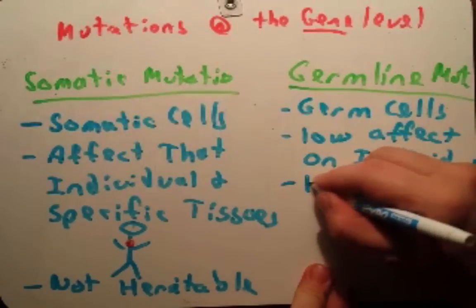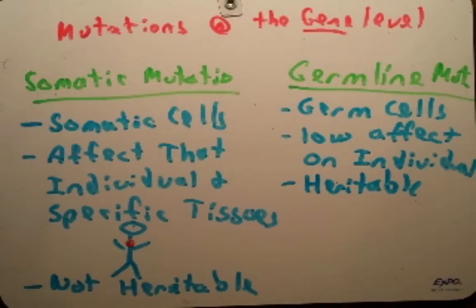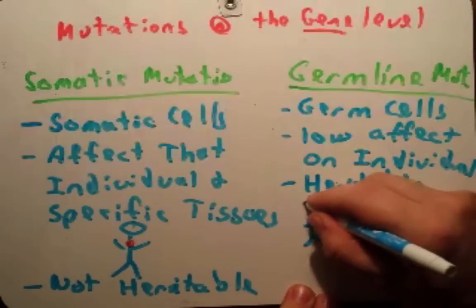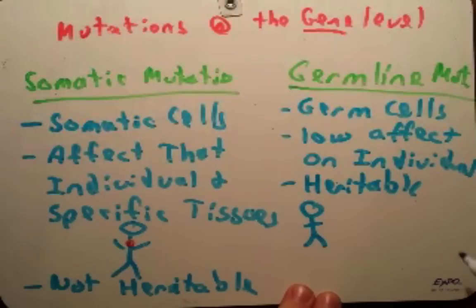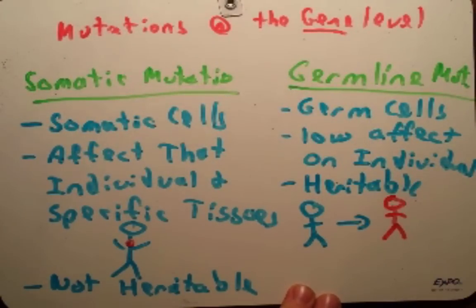But importantly, they are heritable. And when they're inherited to another organism, the progeny I should say, all the cells in that progeny will have it. So you may end up starting off with this may be the person, and they get a mutation in their germline, and when they pass that on, every single cell in that progeny will have that mutation.